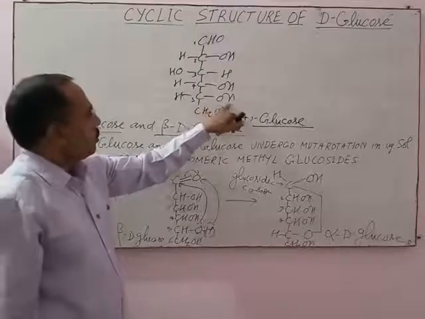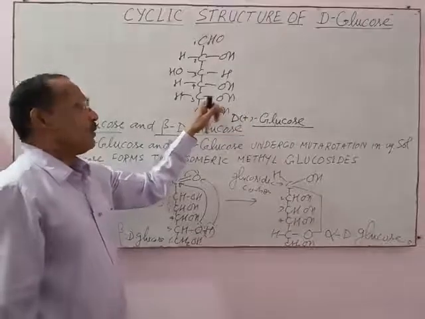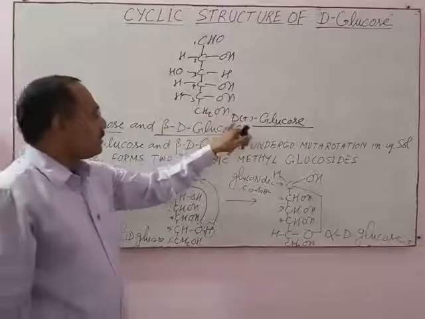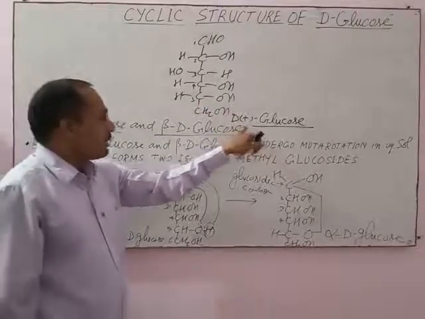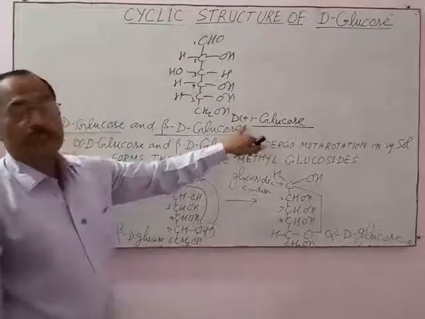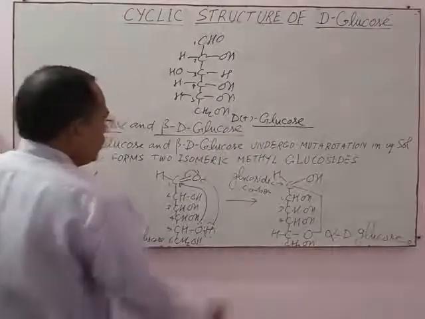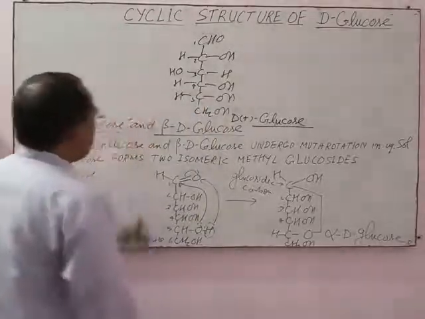If the OH group is present on the right side of the most distant asymmetric carbon atom, then it is denoted as capital D, and the plus sign represents its dextrorotation. So this is the exact configuration of the glucose molecule.